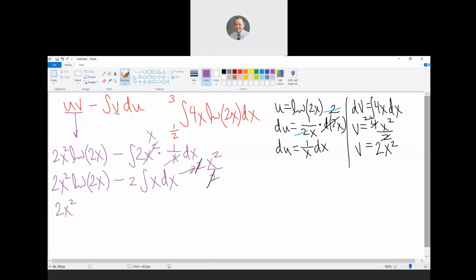So we now have 2x squared natural log of 2x minus x squared. And now we're ready to plug in our limits of integration.